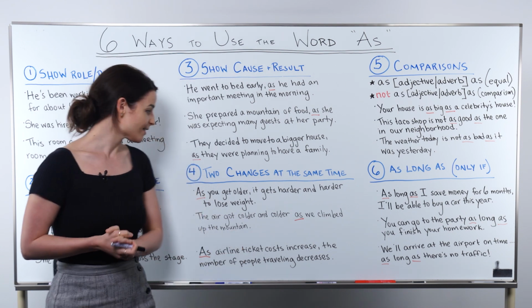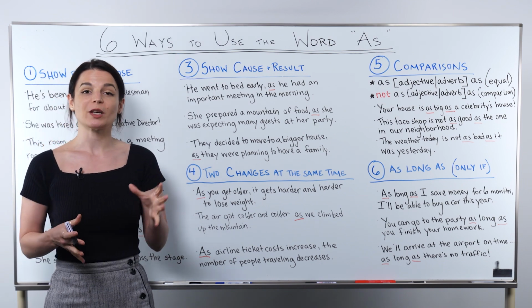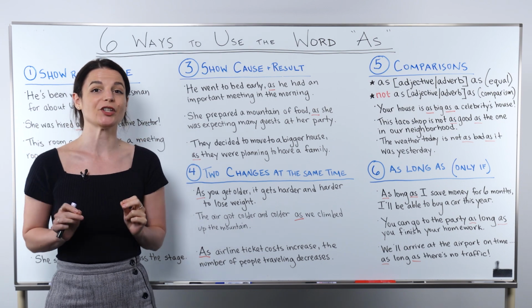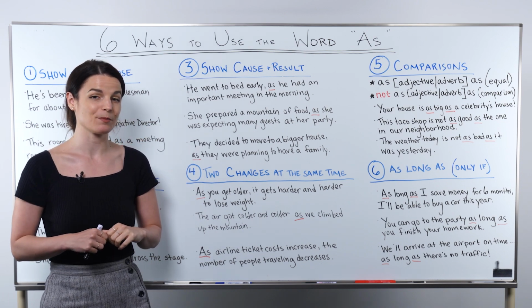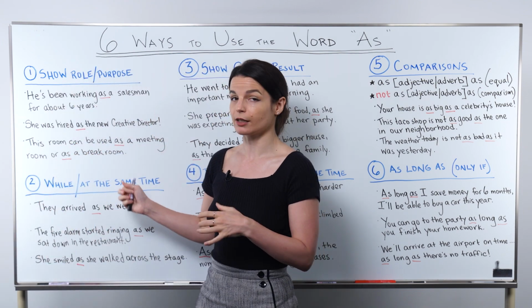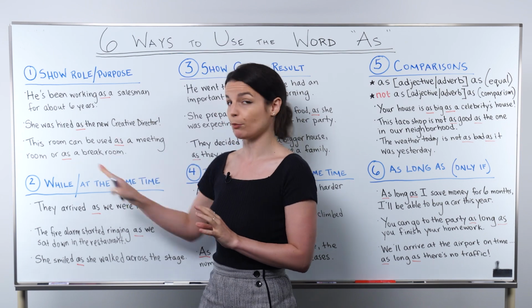Okay, great. Let's continue to number 4. Number 4 is very interesting. We use this use of as to express two changes happening at the same time. So this is a bit different from point number 2, where I talked about two things that happen at about the same time, two separate actions.